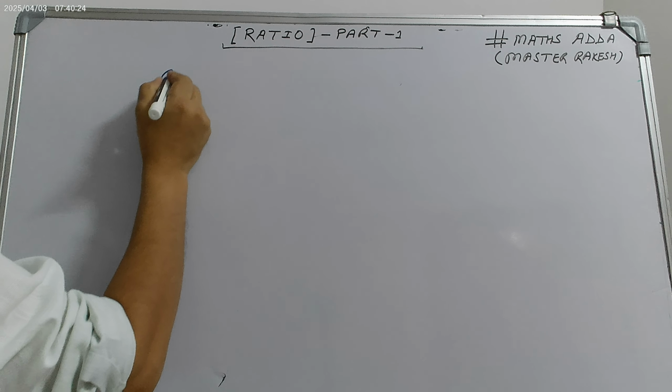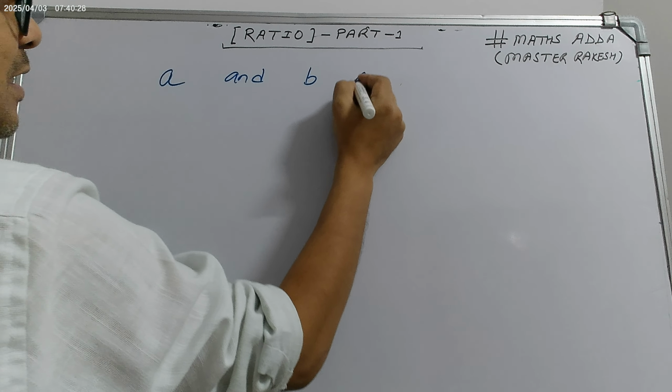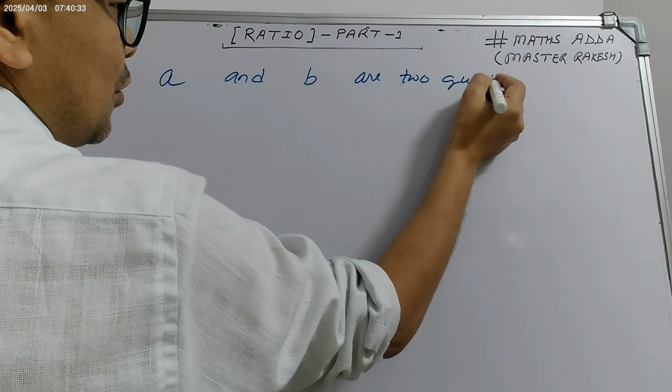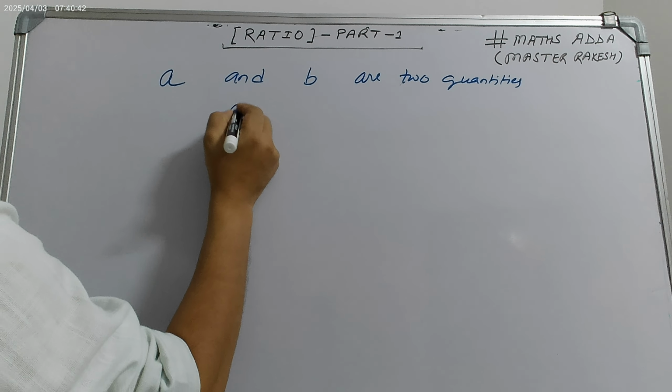If A and B are two quantities, then A by B is known as the ratio of the two quantities.